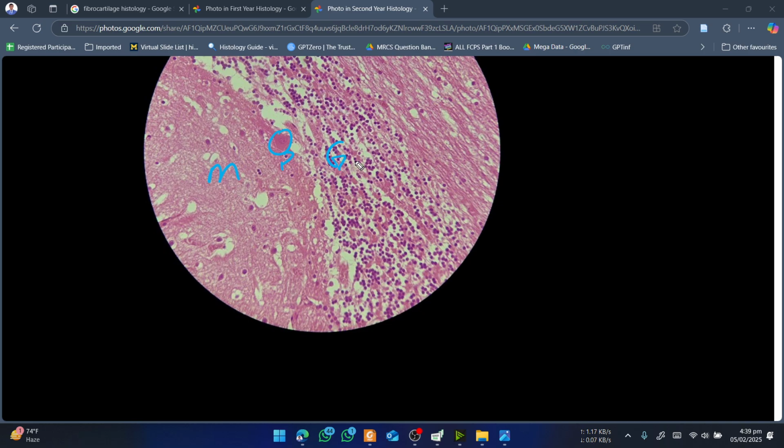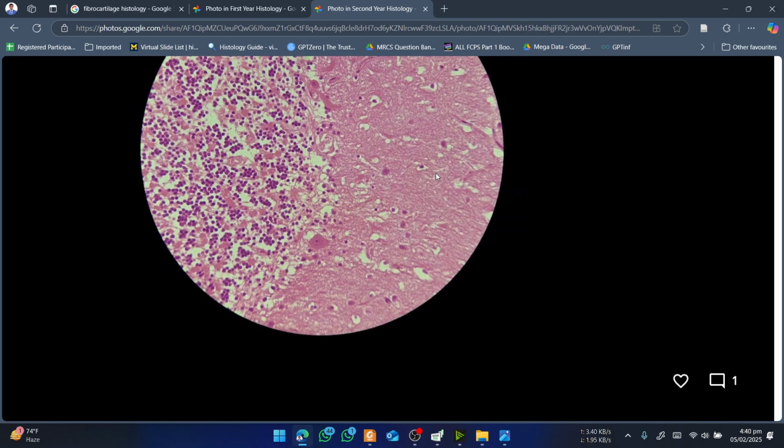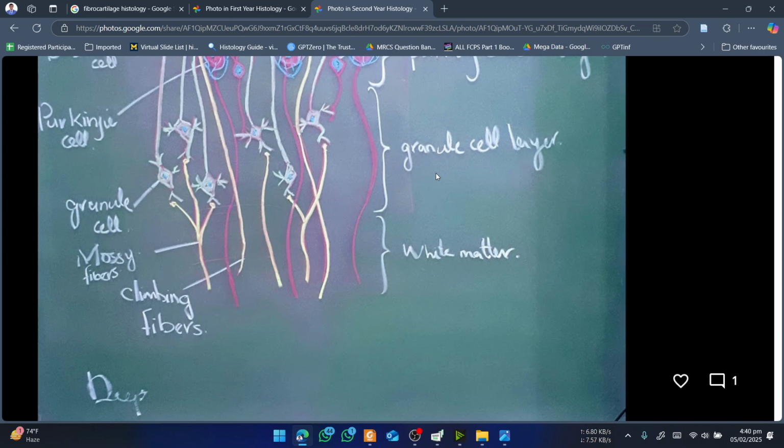The nuclei will tell you how many cells are close together, and these again are fibers, bundle of fibers. So this is white matter. And this is again the three layers in the opposite direction.